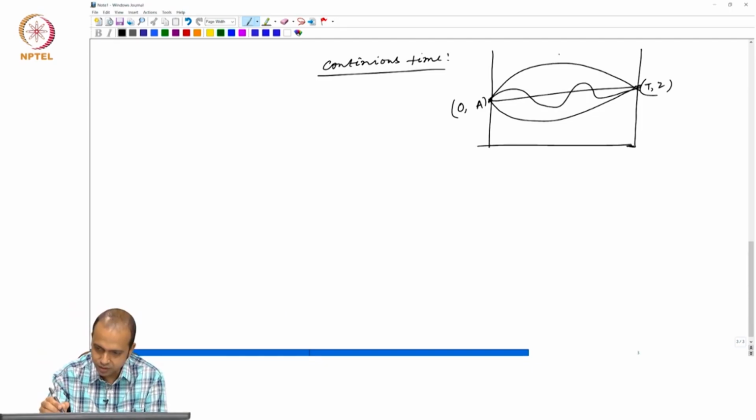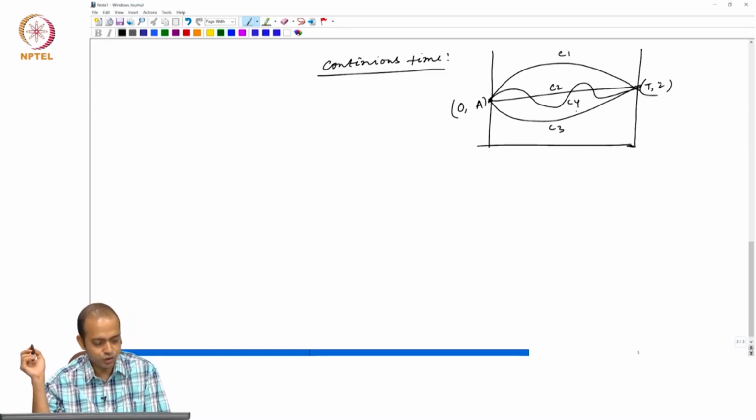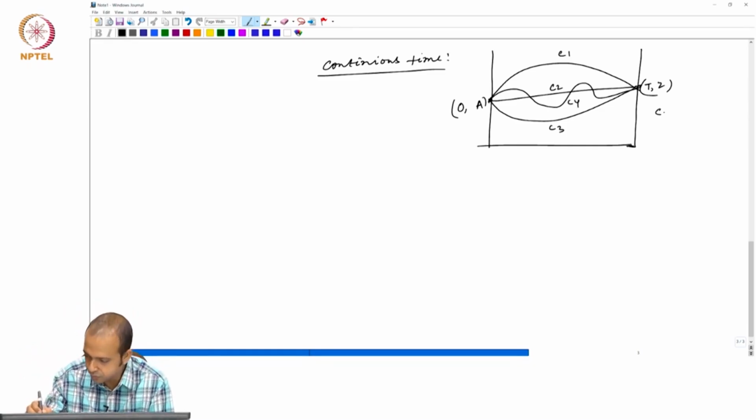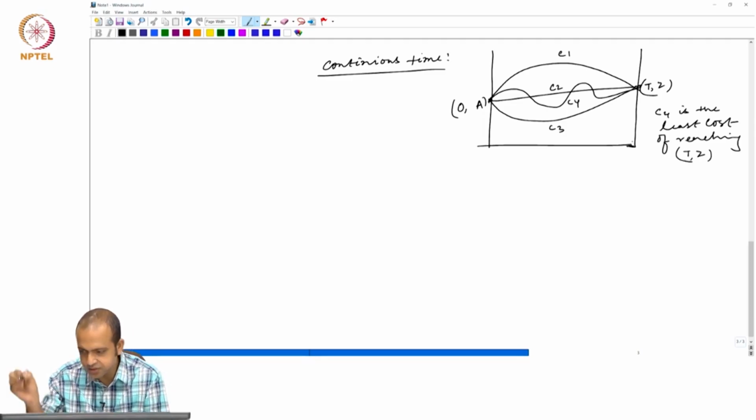So, let us say this is C1, this is C2, this is C3 and this is C4. Obviously C4 is the least cost of reaching TZ, because that is the straight path, and these are all others.